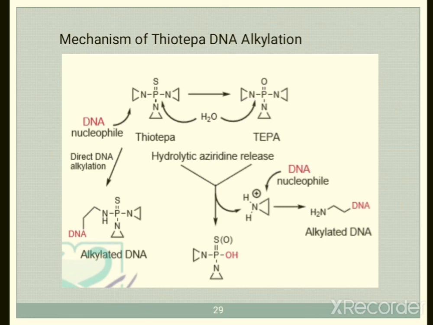Again, the mechanism of action of thiotepa is DNA alkylation, similar to the nitrogen mustard mechanism that we have seen. Thiotepa will be there, a DNA nucleophile will come, and in the presence of water, thiotepa and TEPA lead to hydrolytic aziridinium release. The aziridinium ion interacts with the DNA nucleophile and forms alkylated DNA.